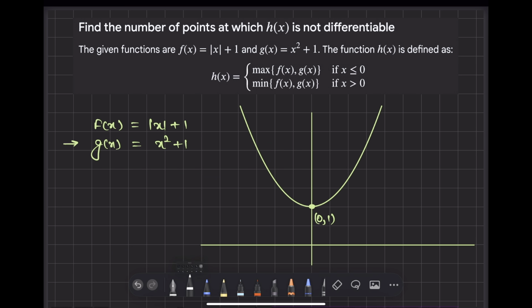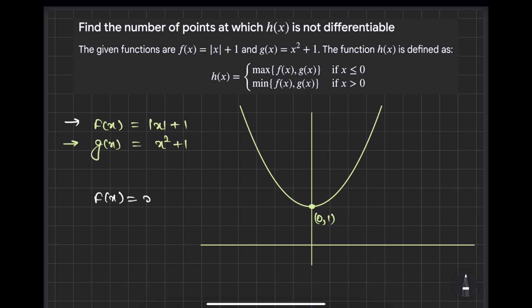Now we have to draw the graph of the next function. Now look at this f of x function. f of x was supposed to be x plus 1, and to make this question complicated they have replaced x with mod x. First I will draw this graph and then I will take help of transformation of graphs. Since this is a straight line, we need 2 points.